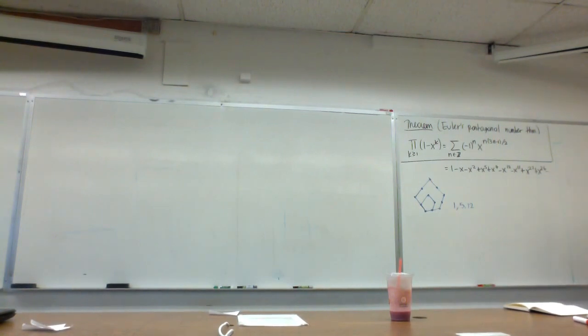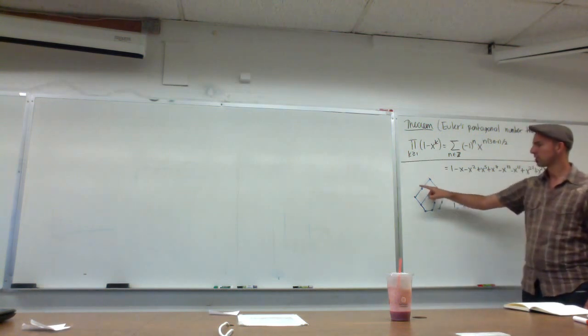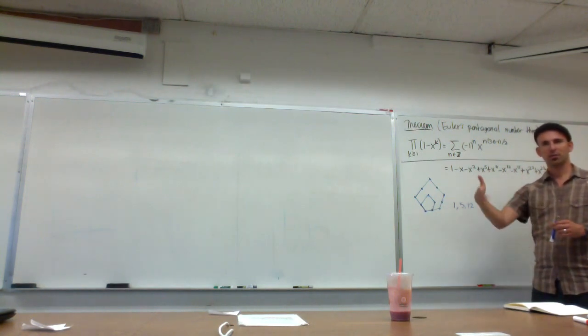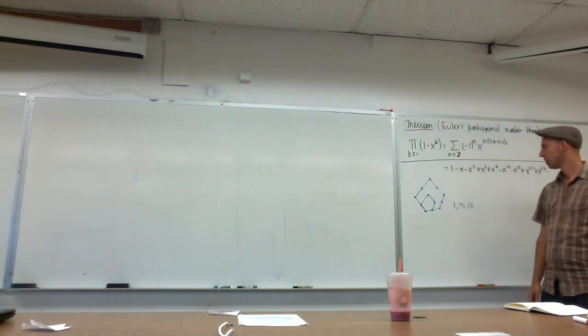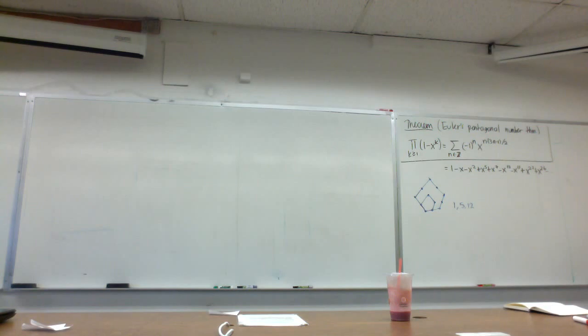I got 12 because I had 5 points, and then I added 1, 2, 3, 4, 5, 6, 7. So it's not how many you add, it's how many you have total after the nth stage. Those are the pentagonal numbers, so that's why this is called the pentagonal number theorem.